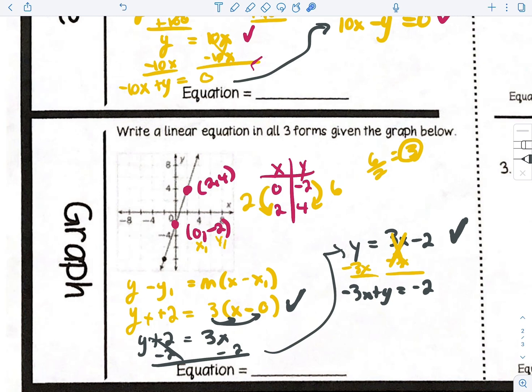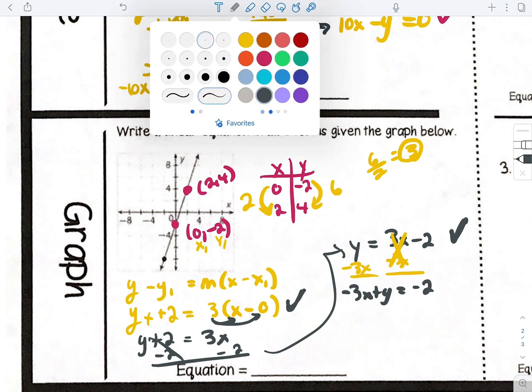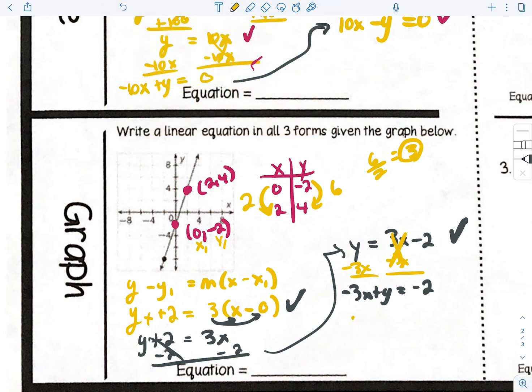Remember, we don't like to lead with a negative, so we just multiply each term by -1. So that we're left with +3x minus y equals +2. That's standard form. So we have all of our forms. Standard. That was slope intercept right there. And this is point slope. All right, we're going to talk about how to do this in the calculator in class.